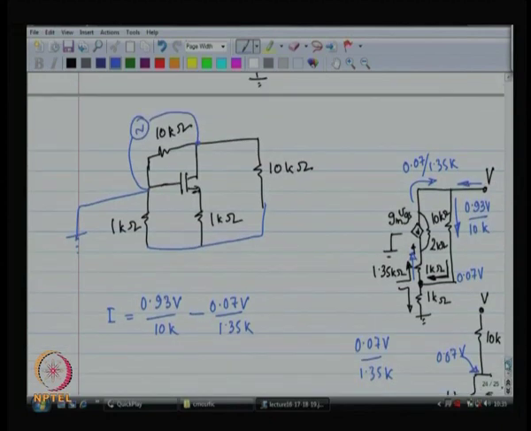So, 0.93 by 10 K is something like this.